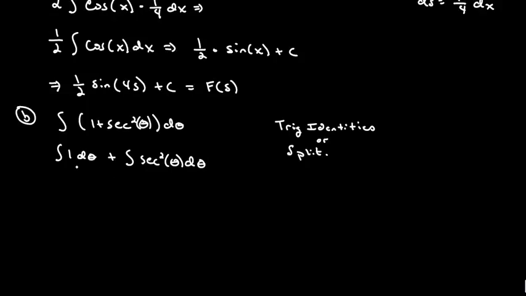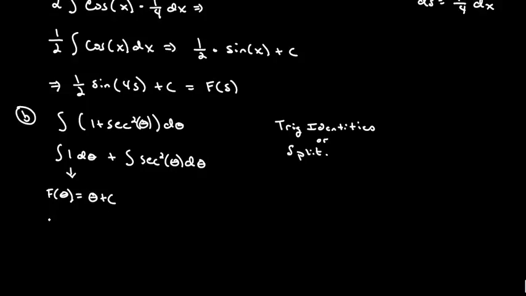So this first one says we're looking for a function whose derivative is 1. And it's got to be a function in terms of theta. And so that function, call it f, in terms of theta, is just theta plus c.